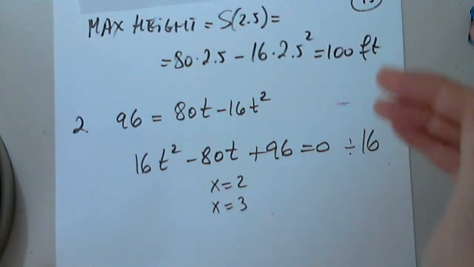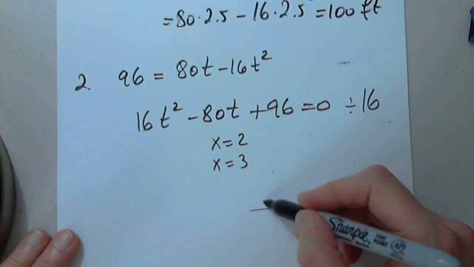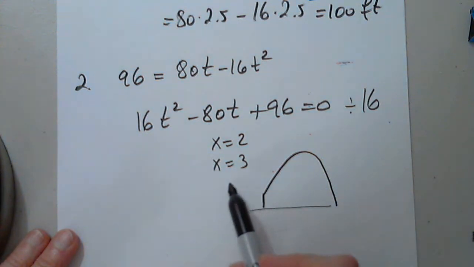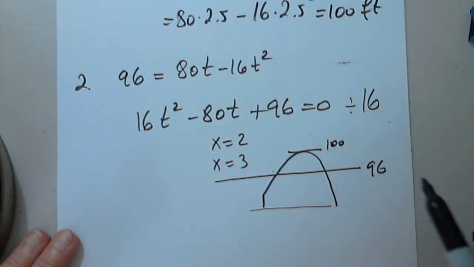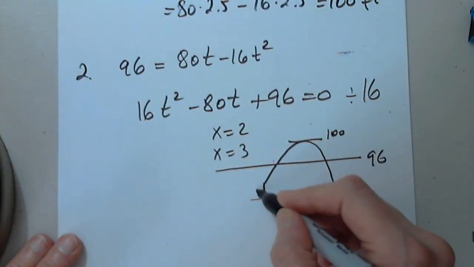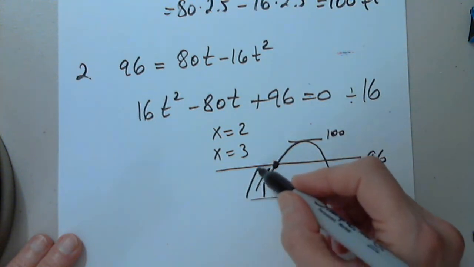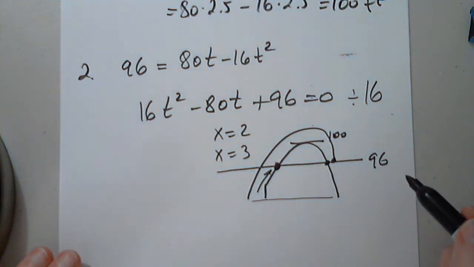So obviously the situation is this. The ball is going up and then hits the ground. Somewhere here is 96 because here is 100. Of course, closer, but that's not important. So it takes 2 seconds till this point, and it takes 3 seconds till this point.